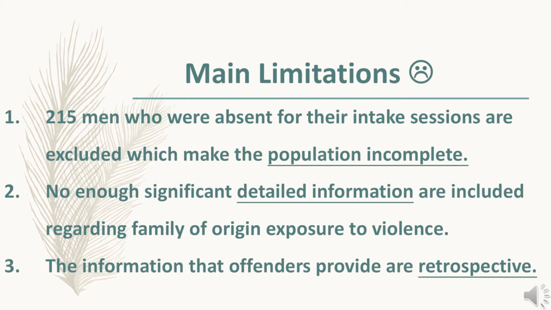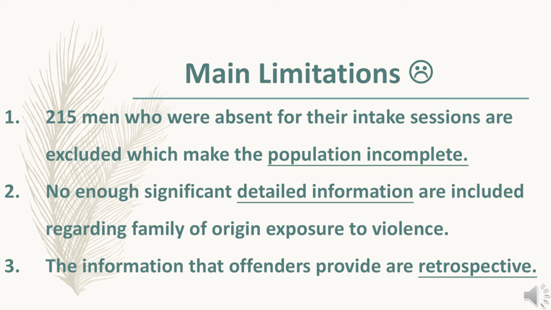For instance, the population in this study is incomplete, because some men who were observed for their interventions are excluded. The information regarding families of origin exposure to violence is from self-report, which means the information is subjective and might be incorrect.